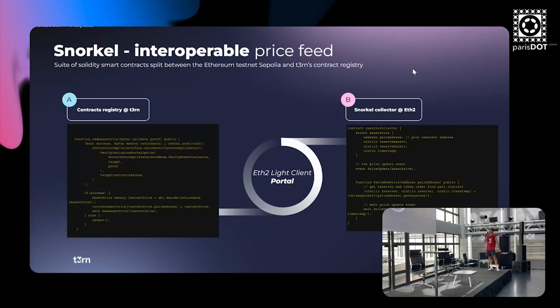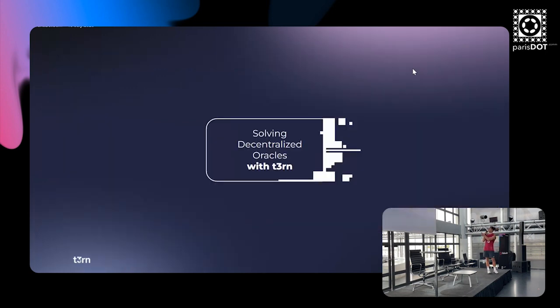We have this wrapping contract on top of Uniswap. And we just verify the event inclusion that the price was updated, what's the exact ratio, what's the exact weight of the price. And there is a left side of the contract, which is deployed on-chain and provides the interface for accessing the price, in this example from Uniswap.